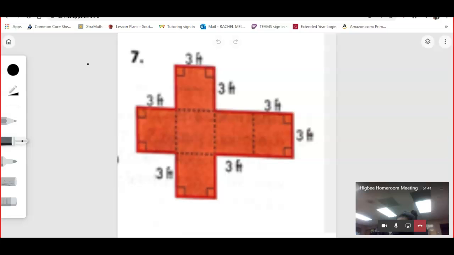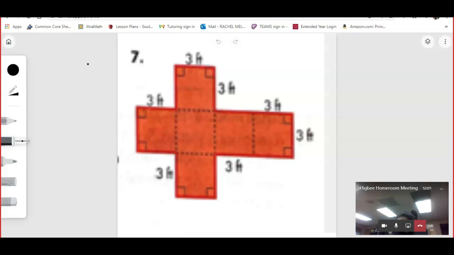Okay, so Israel said that's a lot of squares. So are they all squares? Okay, how do we know they're all squares? Because they all have equal feet. Okay, so how many squares do we have? 6.